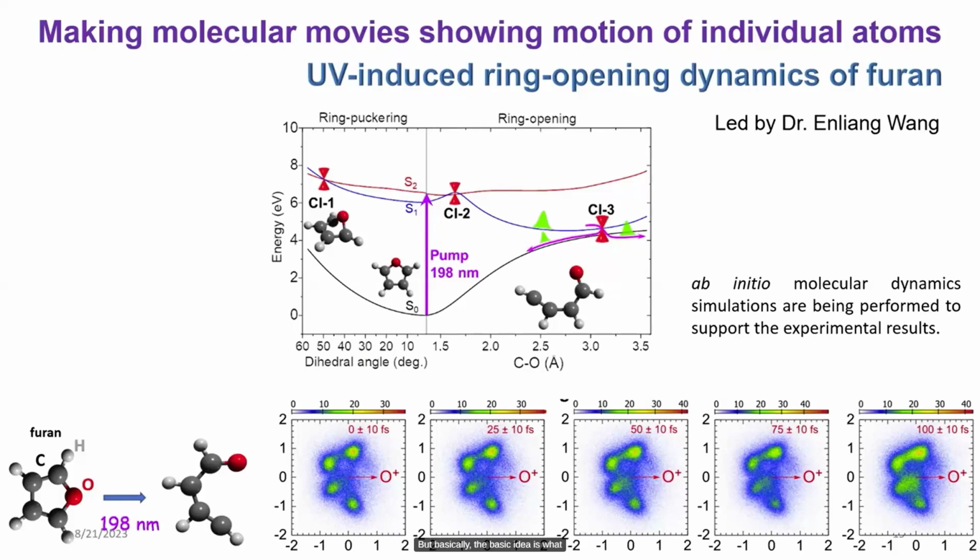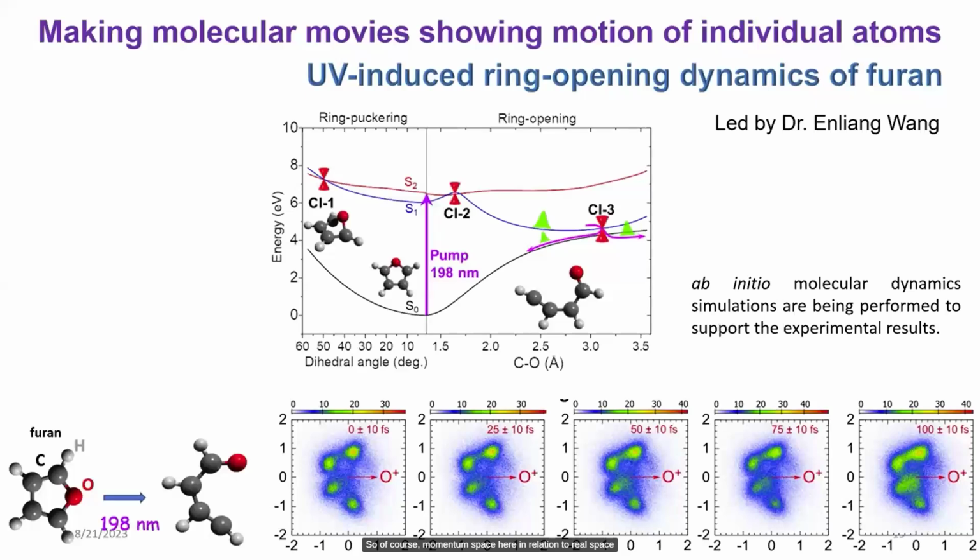But the basic idea is that this carbon gets very low momentum after some time, and the reason is that you form some sort of linear chain over here, so that carbon is stuck in the middle, and the Coulomb forces from this carbon and this carbon cancel each other out, and that's why it gets very low momentum.